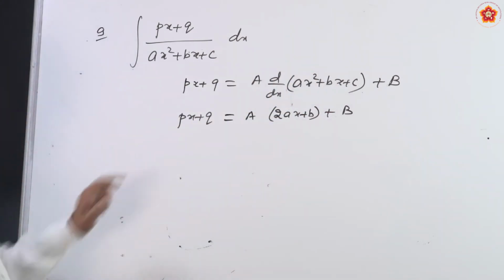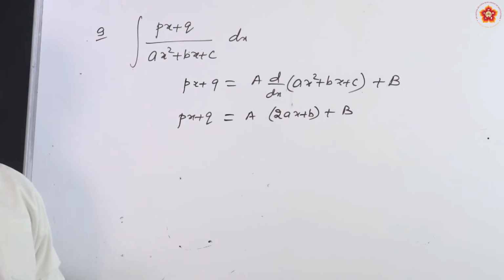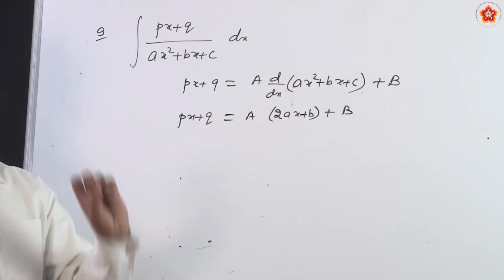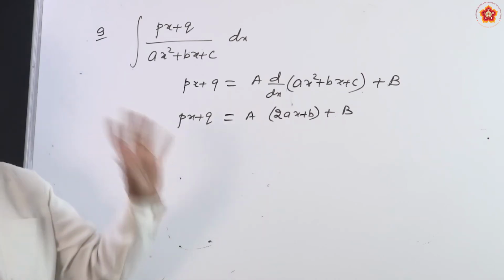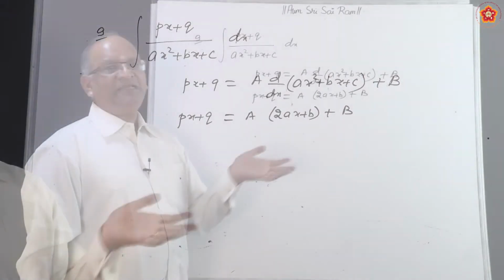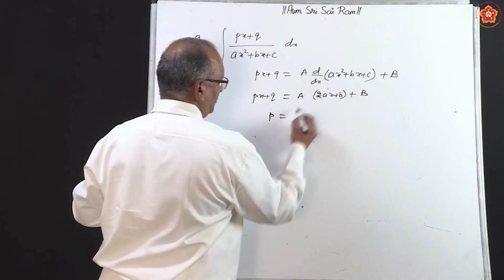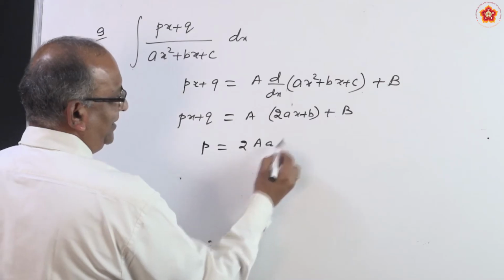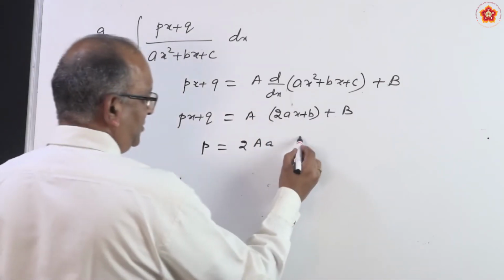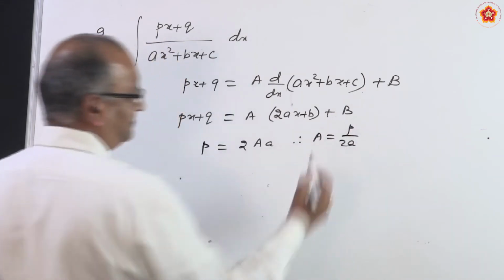Now what we do is try to find the values of A and B. How to find the values of A and B? By equating the coefficients of equal degree terms. Here we have only x and one term without x. So what we will say? p is equal to 2aA. Hence, we can say that A is equal to p by 2a.